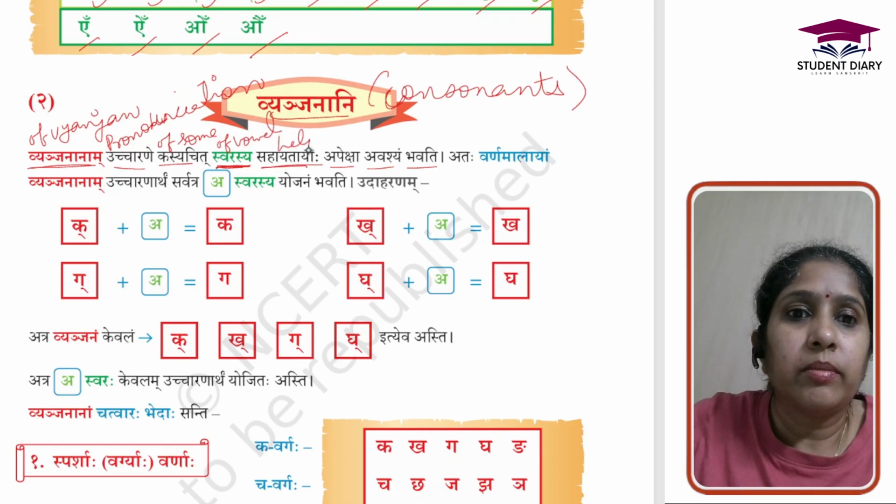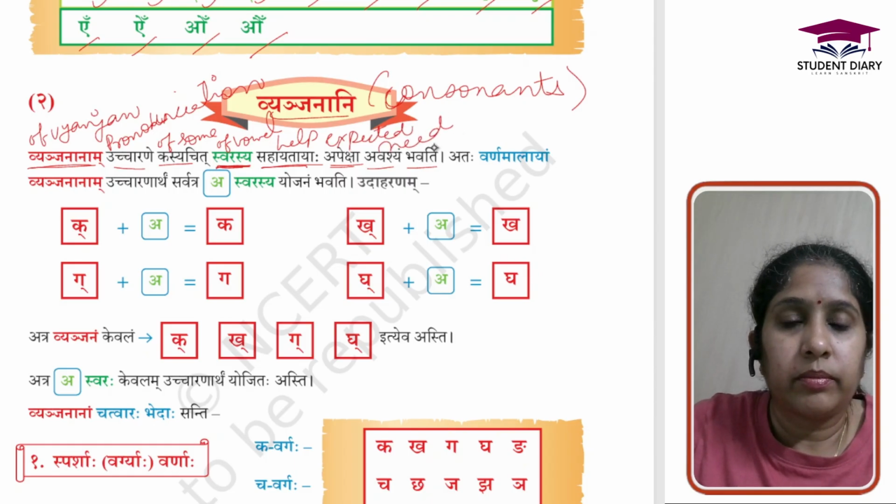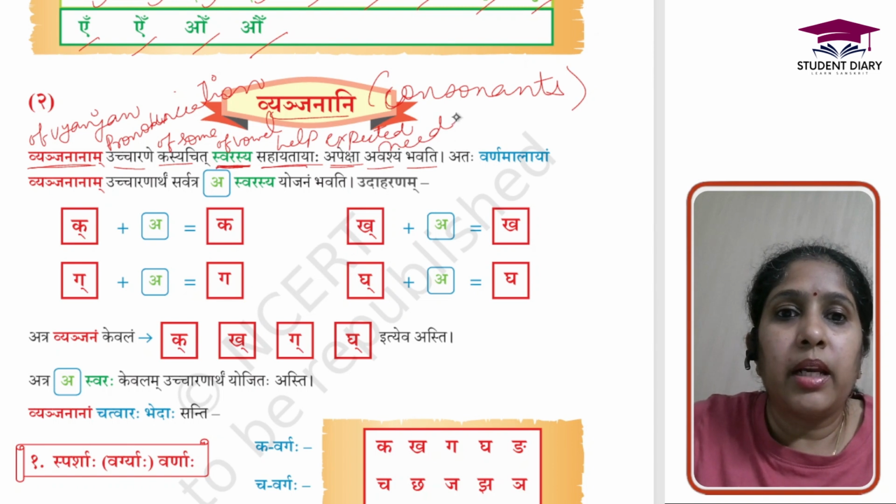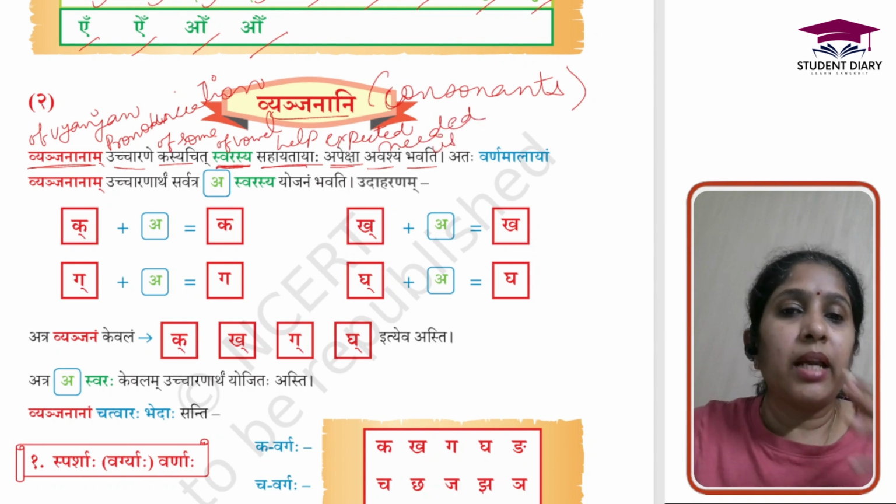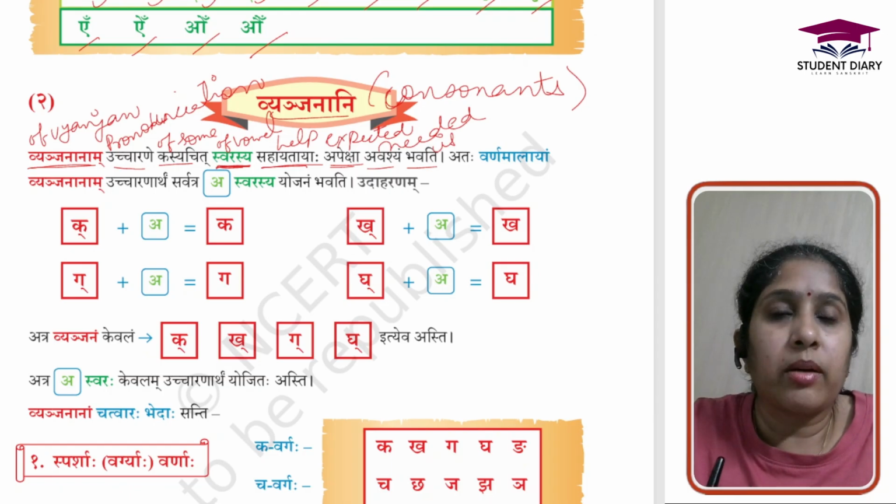Sahayatayaha means help. Apeksha means it's expected. Avashyam means needed, and bhavati means is. So basically when you want to speak the vyanjan, you need the help of the swara. Without swara you can't pronounce the vyanjan.